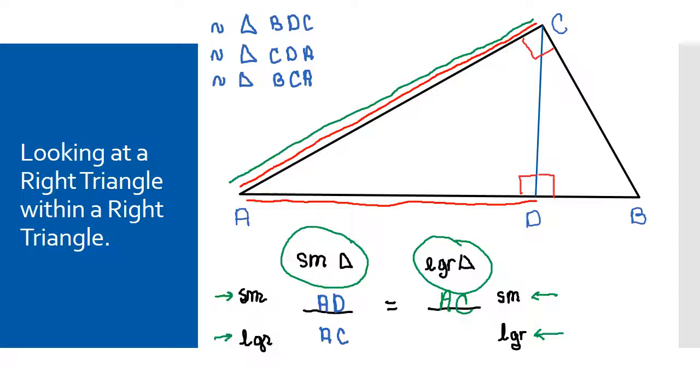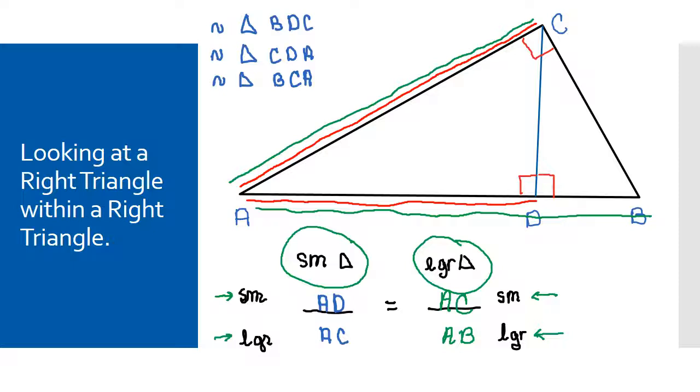The small one went to a hypotenuse, and the hypotenuse of the larger one, across from the 90-degree angle, is going to be AB. Now we have our comparisons. Ratio equals ratio, fraction equals fraction. We're able to do our math, which is going to be cross multiplying.